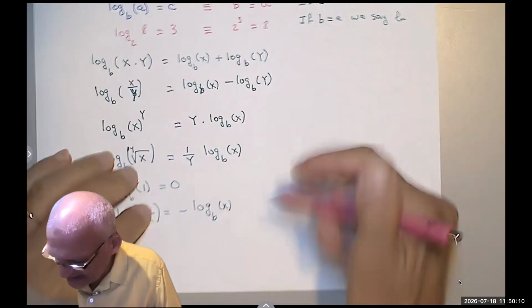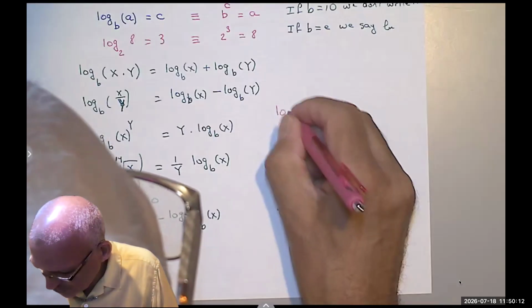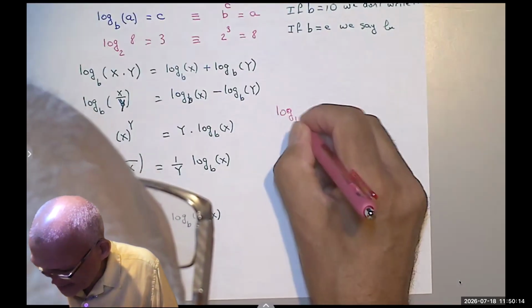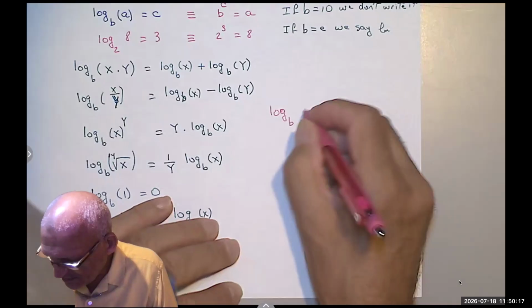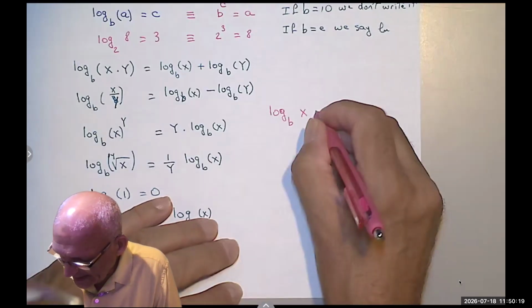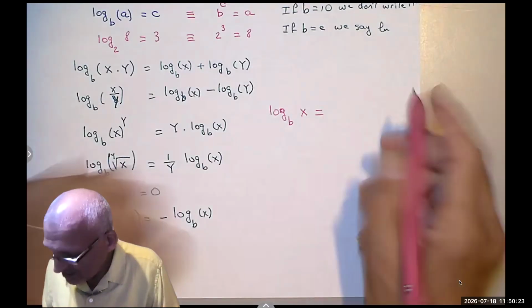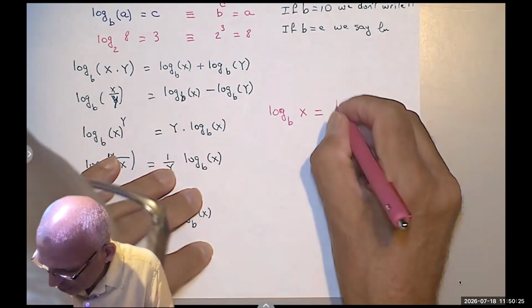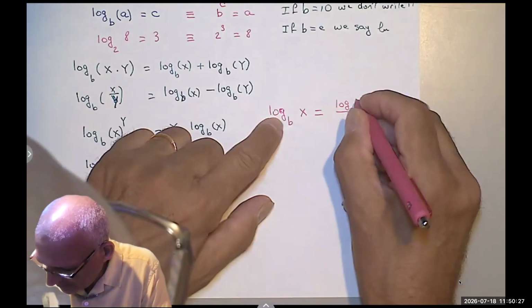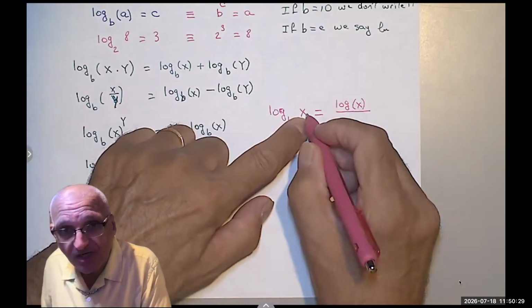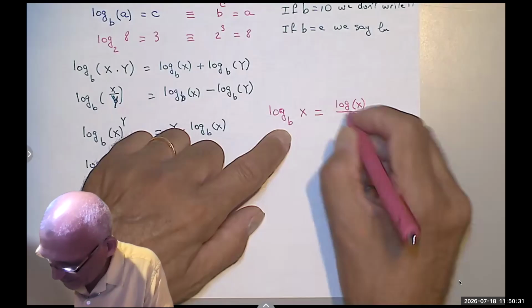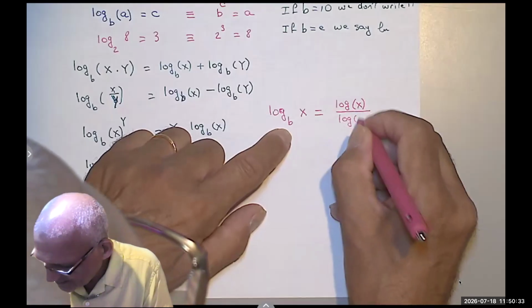The nice thing is that if you have log to any base of some number x, you can transform that using two different methods. The first method, you say log of the value you are trying to find over the log of the base.